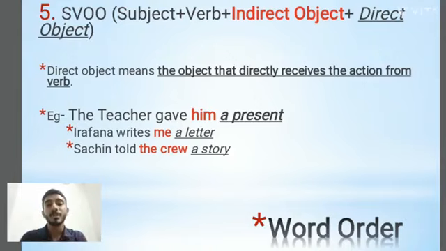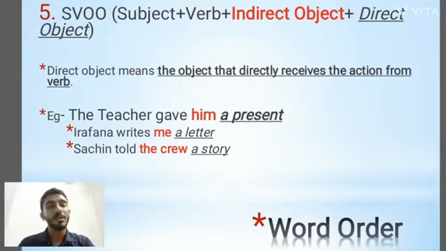That "what" is directly connected to the verb give, gave, or given. So in this example, present is directly connected to give. That's why it turns out to be the direct object and him turns out to be the indirect object. I hope you got that.